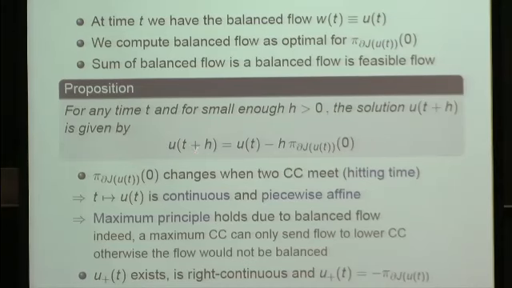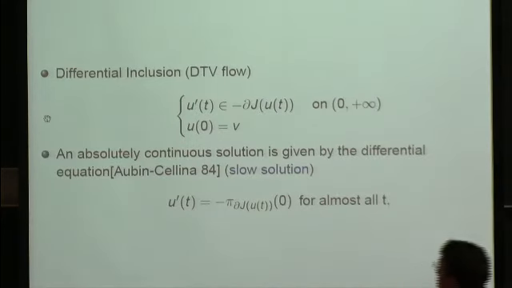And what you show is if I move a little bit in time, then I start with my solution, and I move along the projection of 0, along with the time. So that shows that your solution is continuous, piecewise linear, you can show a maximum principle, you have a right continuous thing, and actually what you did is essentially solving that. You solve exactly the differential inclusion problem. This is the solution you wanted.